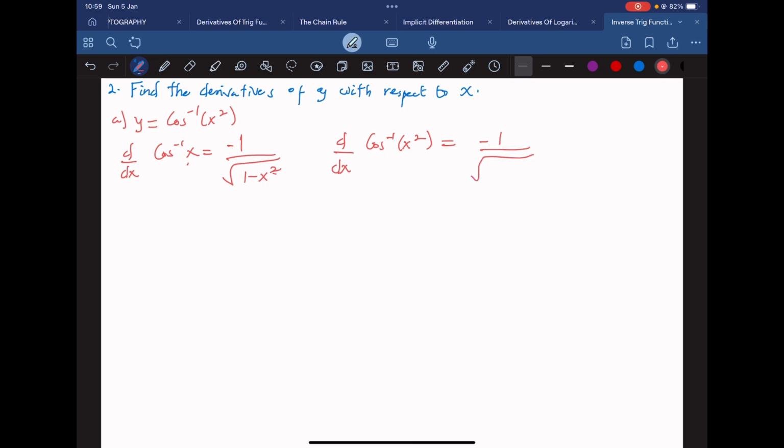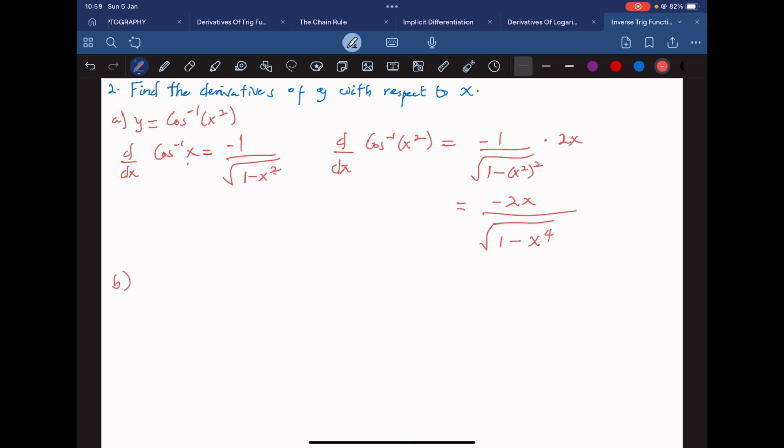In the denominator we have 1 minus. Now we have x, we have to change it to x squared, but we have squared already, so we bring it outside. Then we differentiate what is inside the parentheses. If we differentiate x squared, you have 2x. So this just simplifies to negative 2x, and in the denominator you have 1 minus x to the 4th.